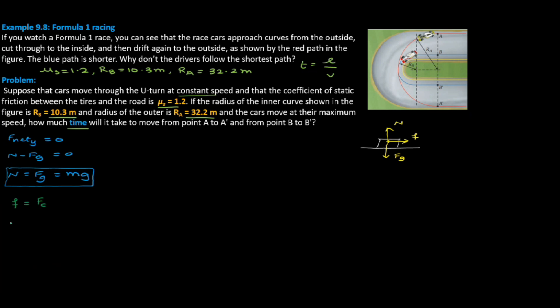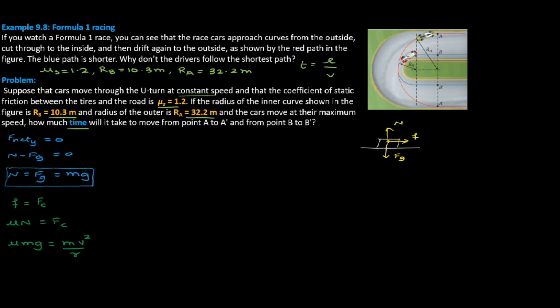We know the force of friction can be written as mu times N, that will be equal to Fc. And mu times N can be written as mu m g, because in the first part of the equation, we said that the normal force is equal to the force due to gravity, which is equal to m g. And for the centripetal force, we write it as m v squared over r.